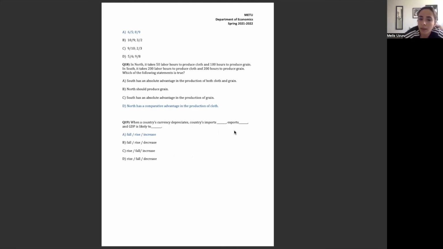Exports will increase because the goods and services will be cheaper for foreigners, so they will prefer to buy from this country. GDP is likely to increase because net exports will increase, as imports fall and exports rise.